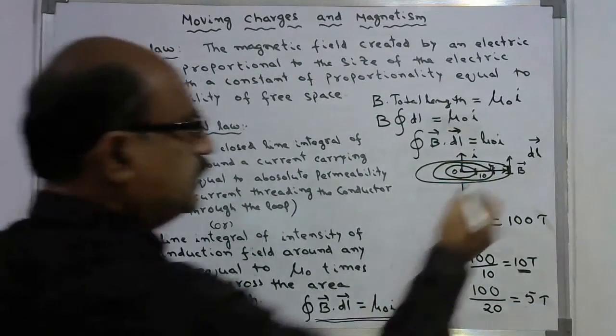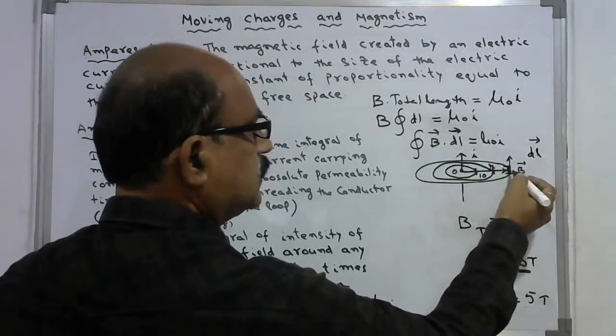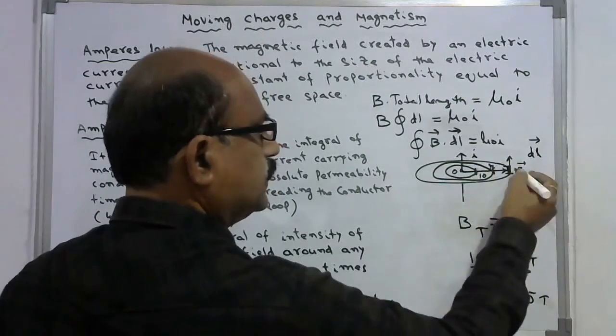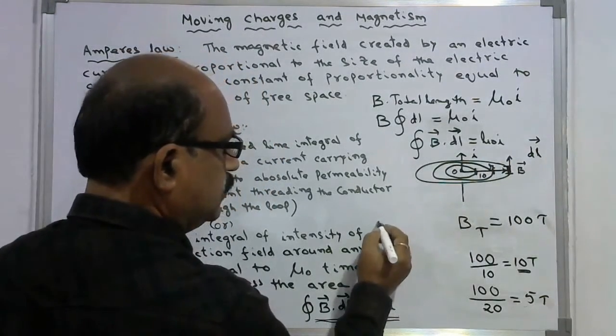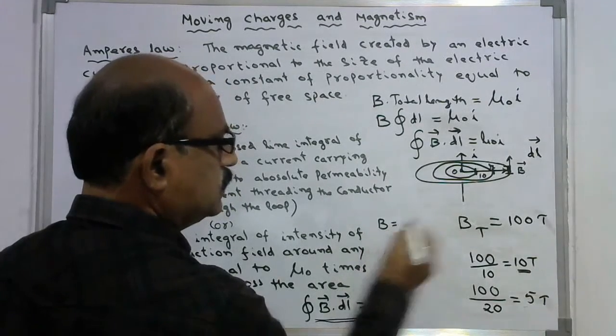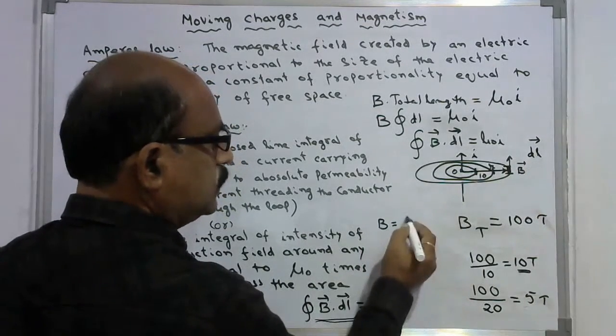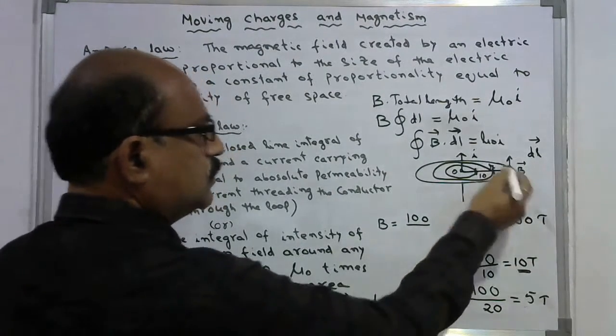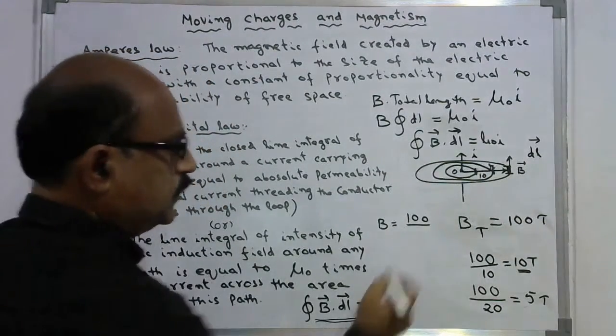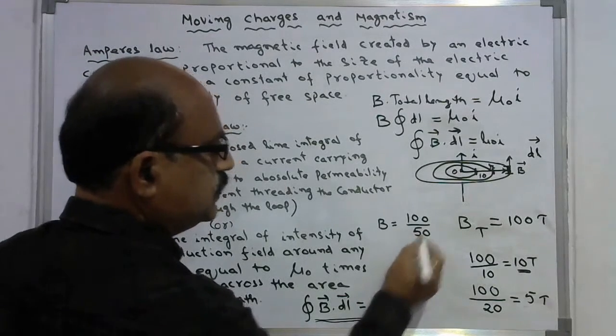And suppose I imagine the third circle, the circular path, where the magnetic field B I would like to find at this point is equal to the total field that it can produce is 100, but the total length is increased here to the extent of some 50.